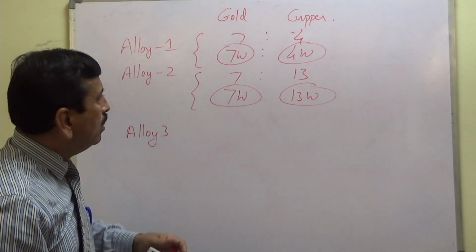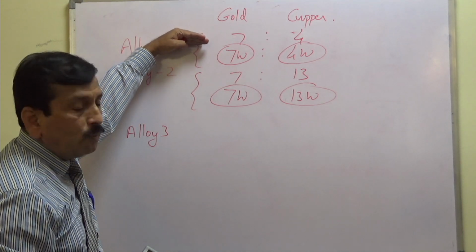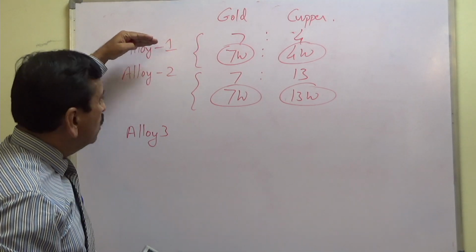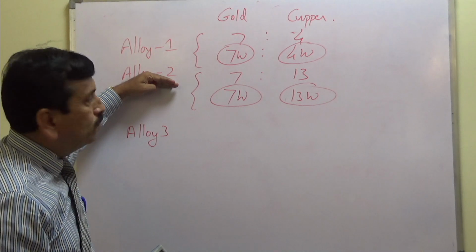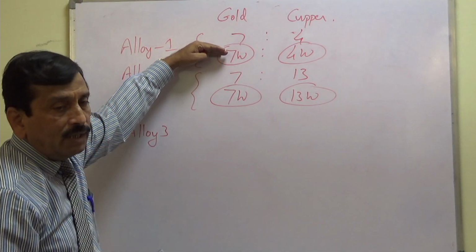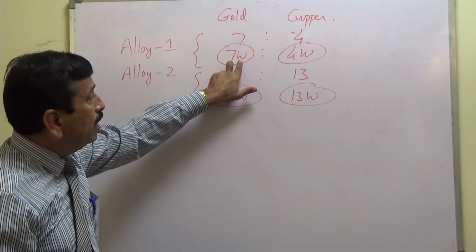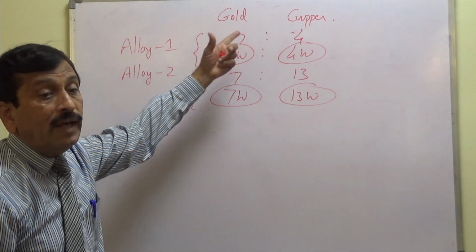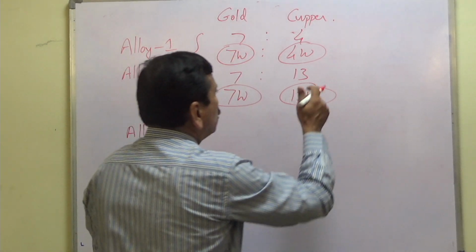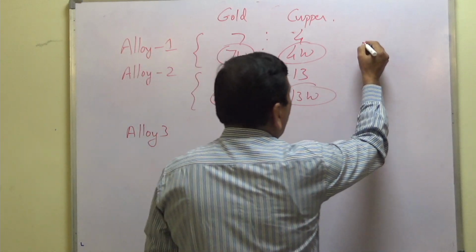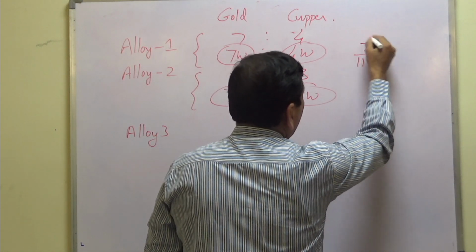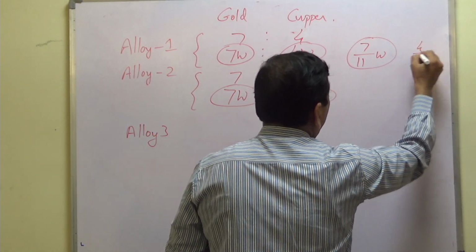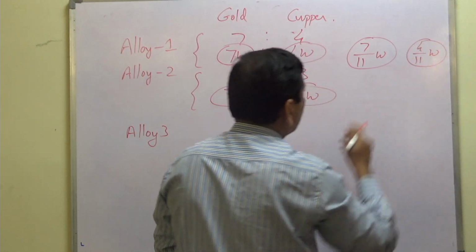Now when we consider alloy 3, alloy 3 will be W kilograms of alloy 1 plus W kilograms of alloy 2. W kilograms of alloy 1 has 7W out of 11, so in kilograms it will be 7/11W and 4/11W. Why?